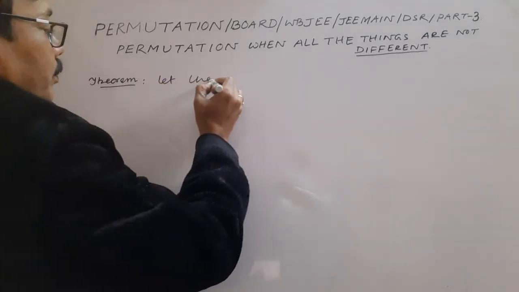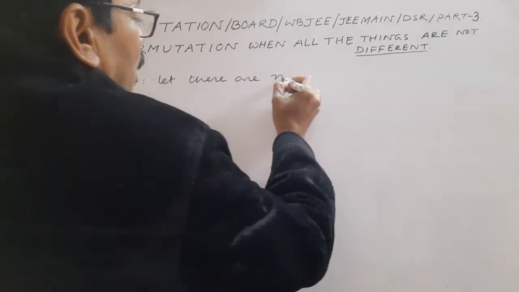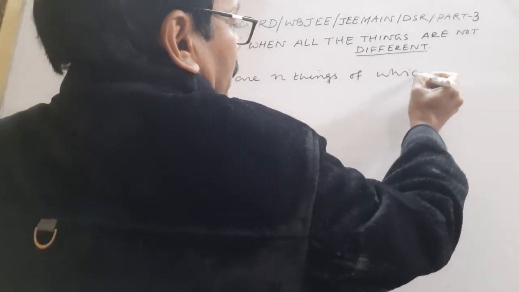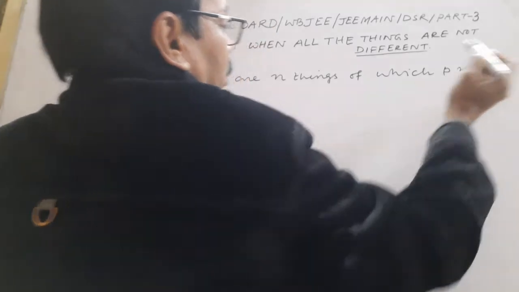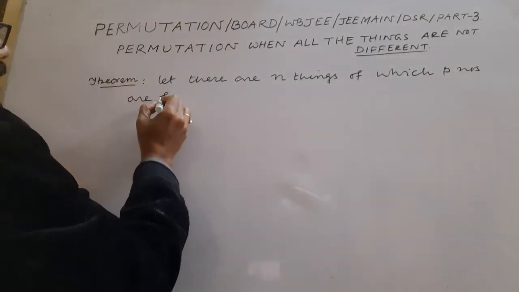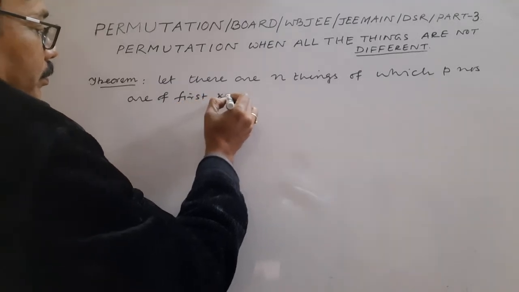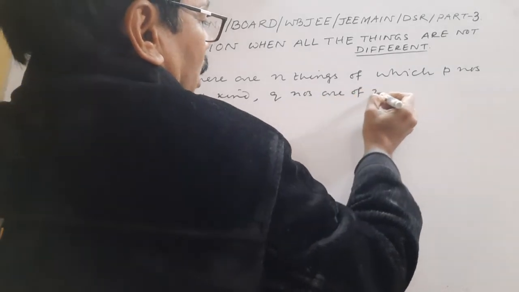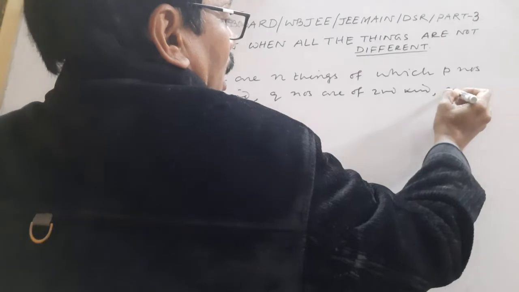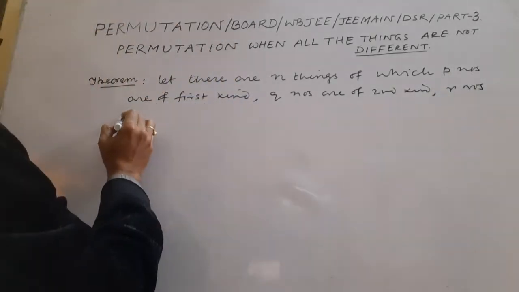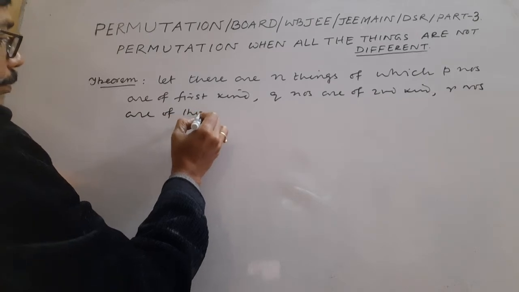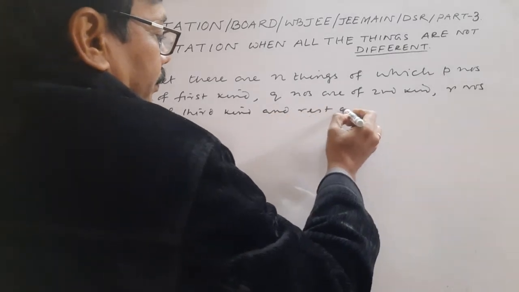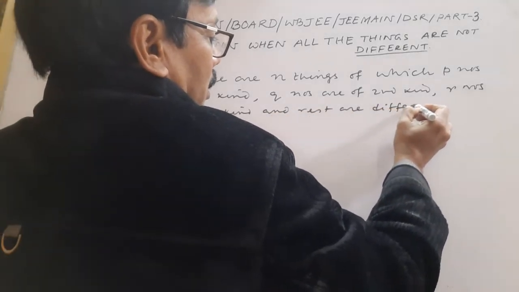Let there be n things, of which p numbers are of first kind, q numbers are of second kind, r numbers are of third kind, and the rest are different.